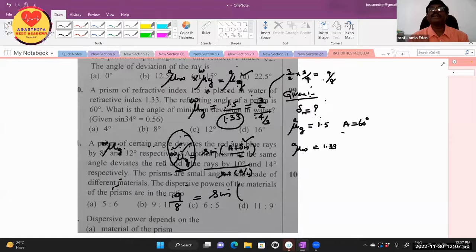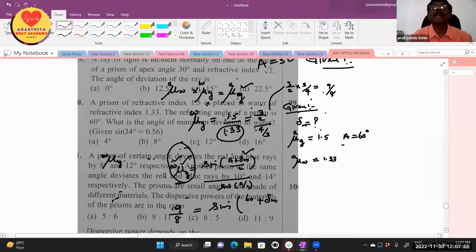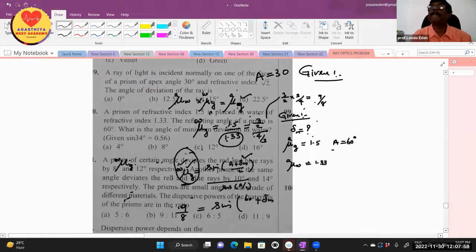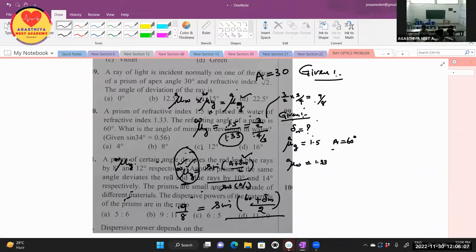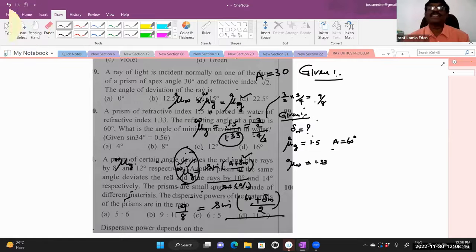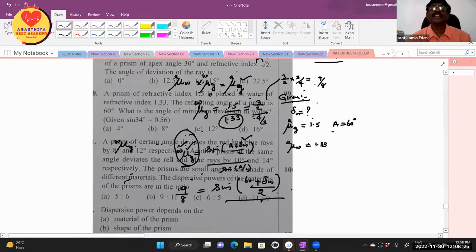Sin of (60 plus del m) divided by 2, divided by sin 60 by 2.